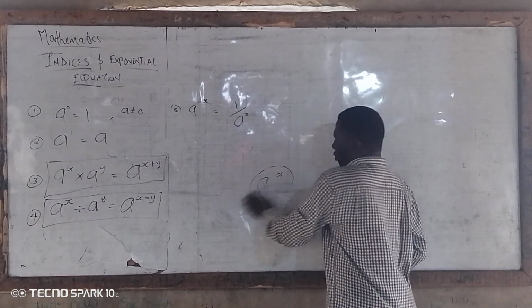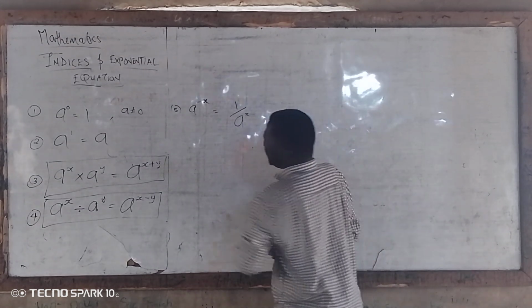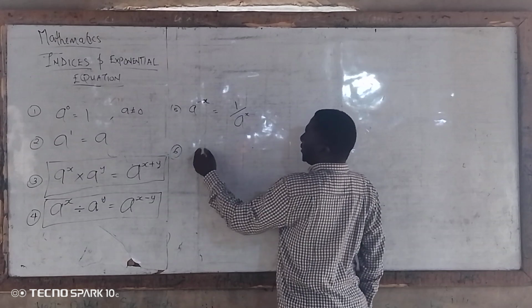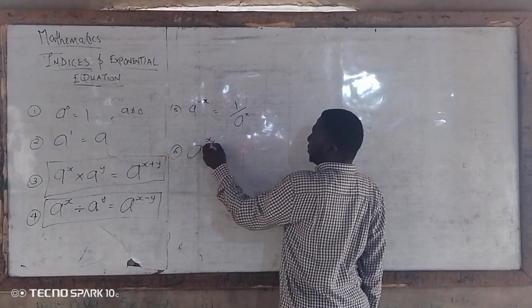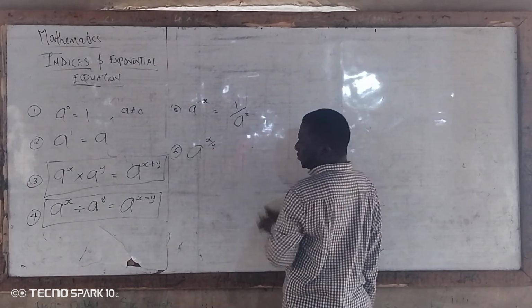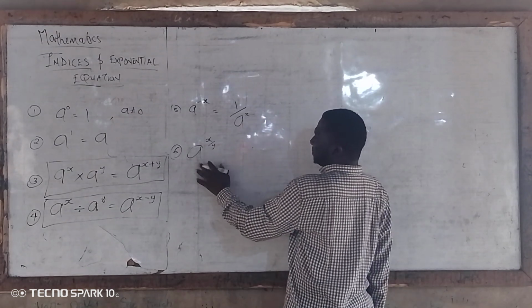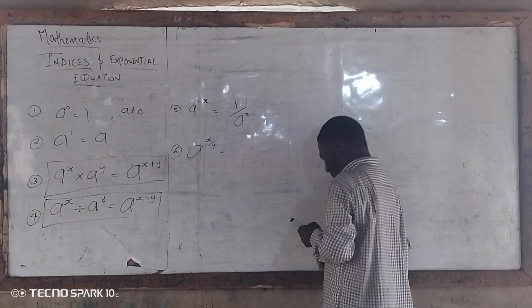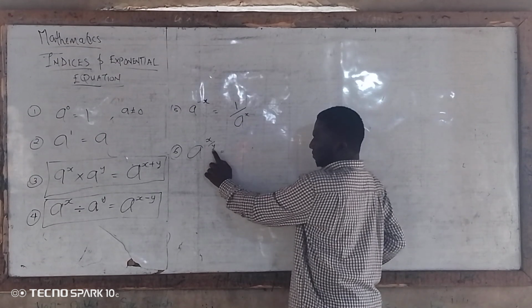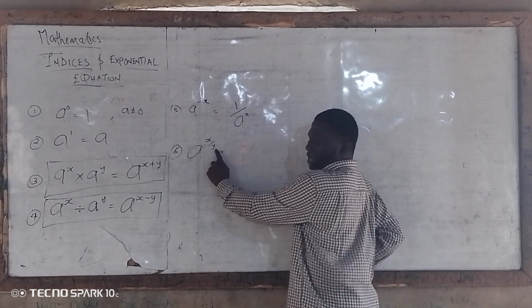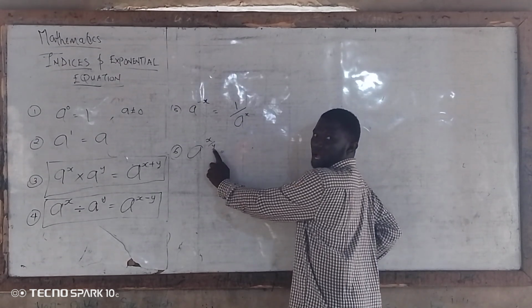So let's see another law. Another one is this: if you have a to the power of x over y, this is what you do. Now, the power here is fractional.